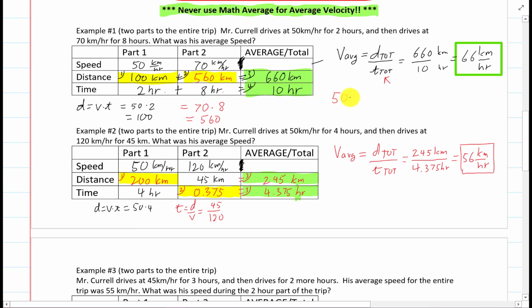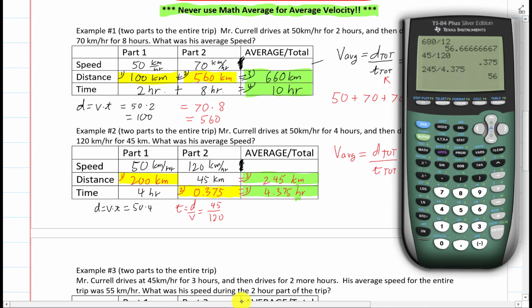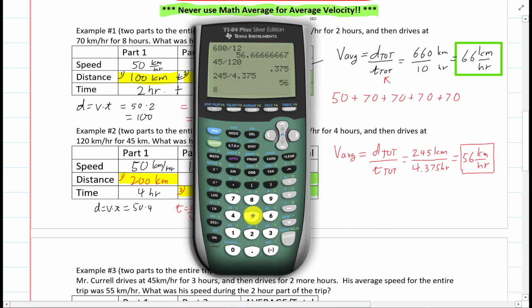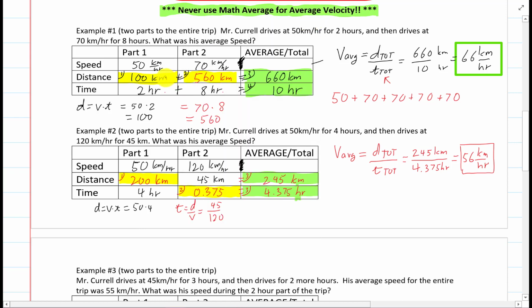So if I take 50 plus 70 plus 70 plus 70 plus 70, because I did it 4 times longer, and then divide it by my 5, I get 66. It's a weighted average. It has to be, so understand that if you go the same distances, you can't do it. It has to be the same times.